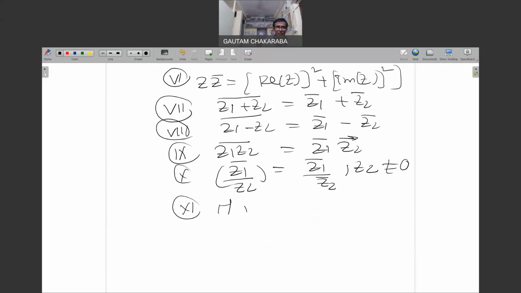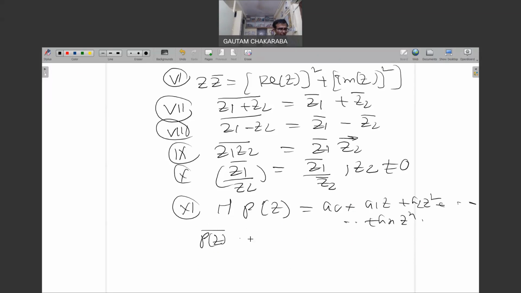Now, if P of Z is equal to A naught plus A1 Z plus A2 Z square plus so on up to An Z to the power n, where A0, A1, up to An and Z are complex numbers, then P of Z conjugate is equal to A naught conjugate plus A1 conjugate Z conjugate plus A2 conjugate Z conjugate square plus so on, plus An conjugate Z conjugate to the power n.